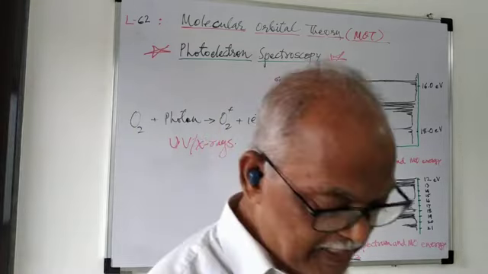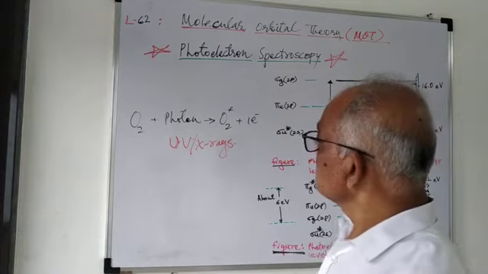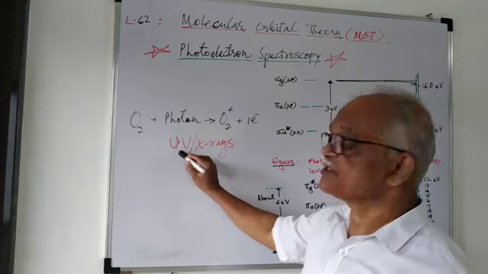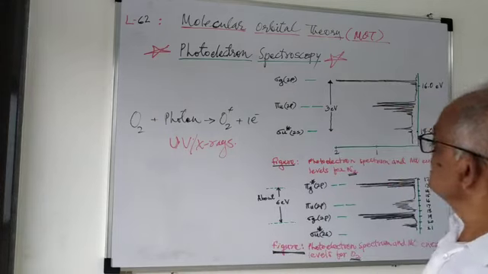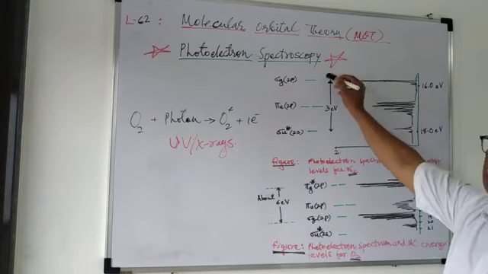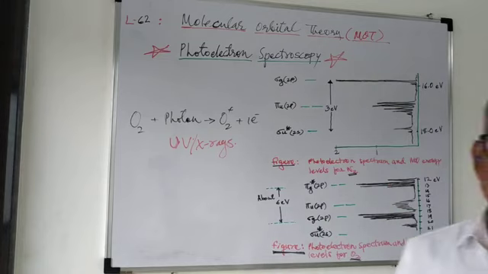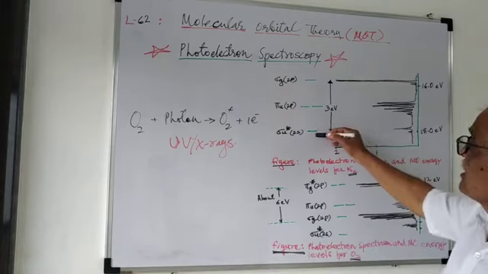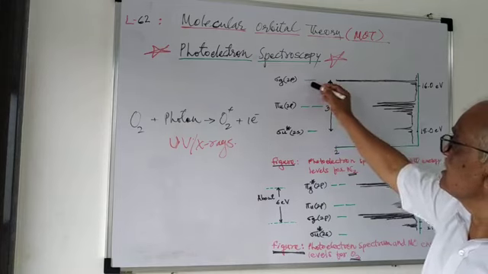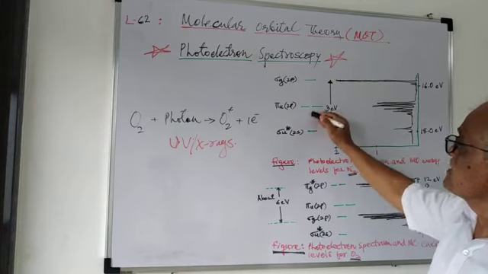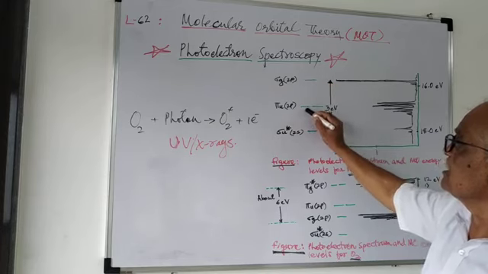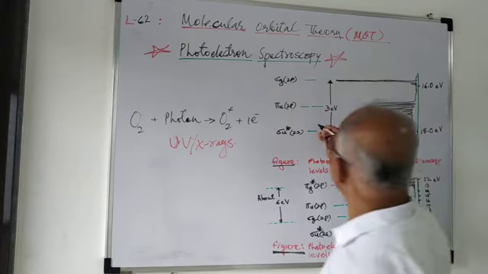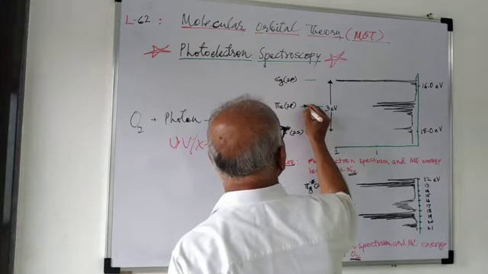When UV radiation is used, it is capable of removing the outermost electron from the molecule. This is because, if you see these molecules, and this nitrogen has all these electrons filled here, there are electrons like this.